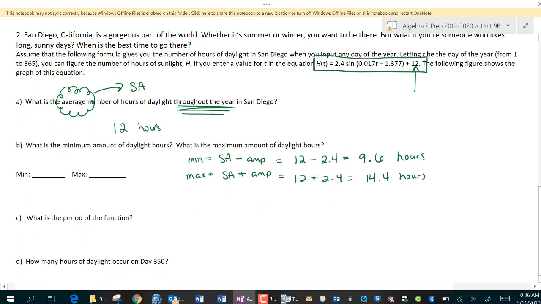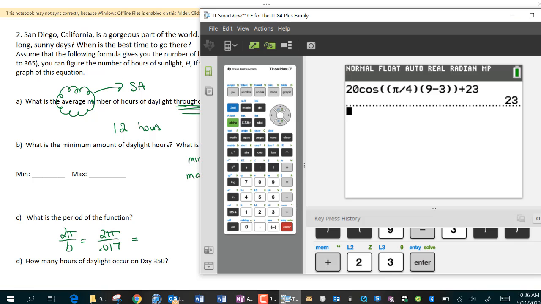Part C, what is the period? So again, 2 pi over b. Notice in this case, the b is still right after sine in front of the variable. So I'm going to take 2 pi divided by b, which in this case is 0.017. So I can do this directly on my calculator. You do have a pi symbol, and again, it's above that exponent key.